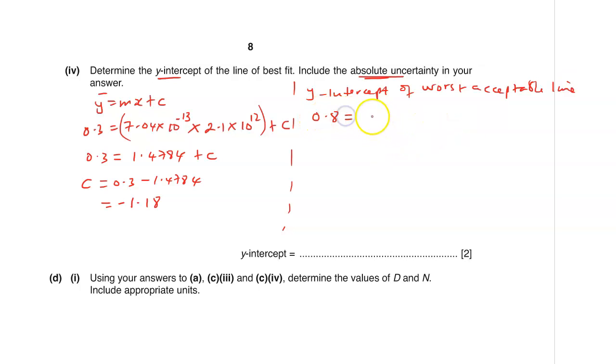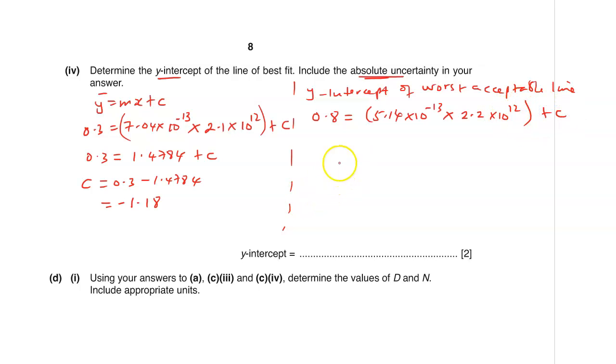I'll pick 0.8 for y. 5.14 is the gradient of the worst line of best fit, times 10 to the power 13 times the corresponding x coordinate on the worst line of fit, which is that, then plus c.